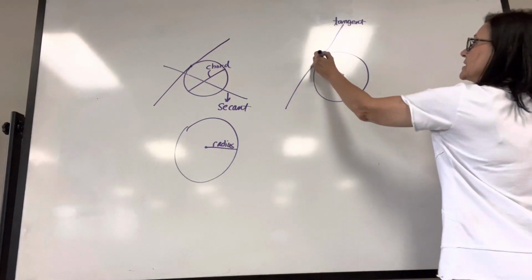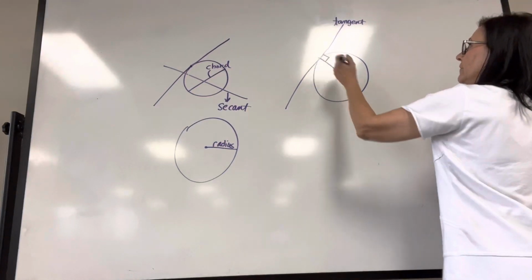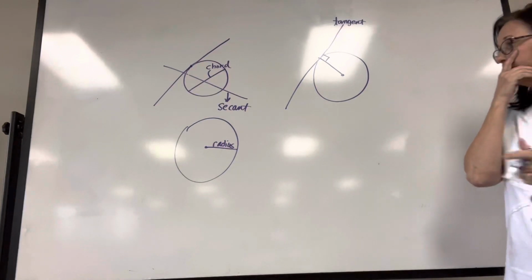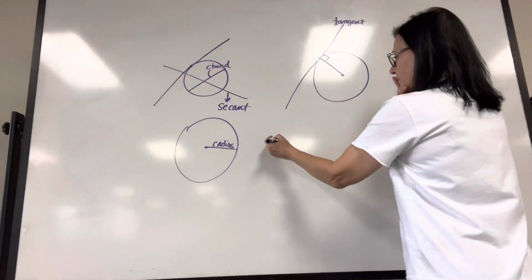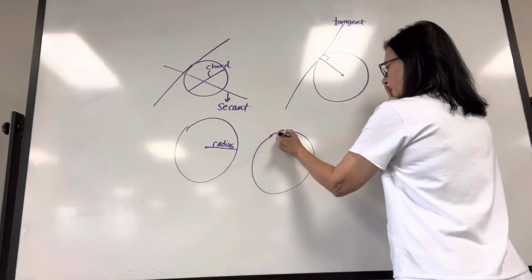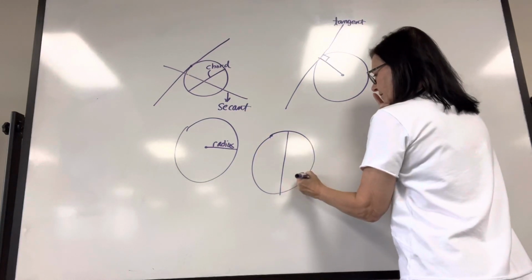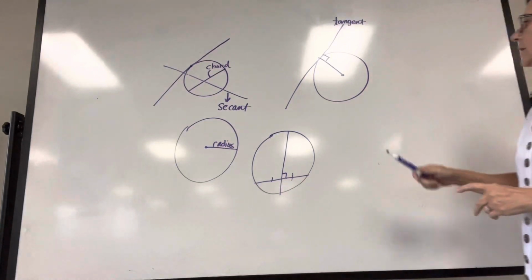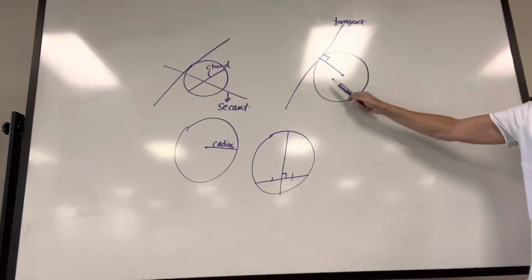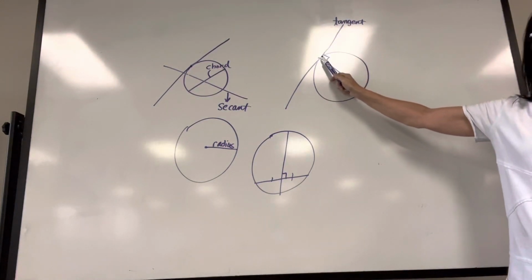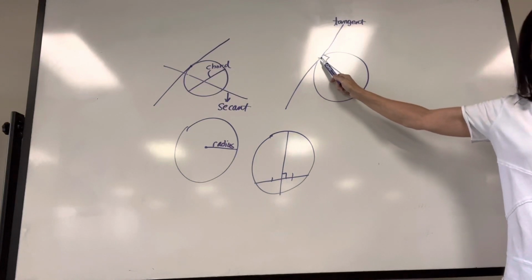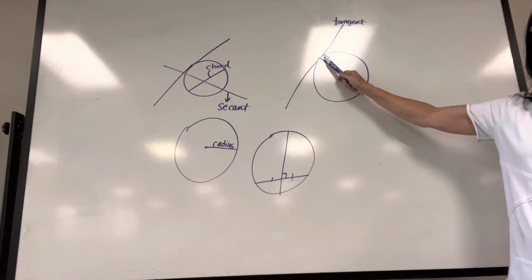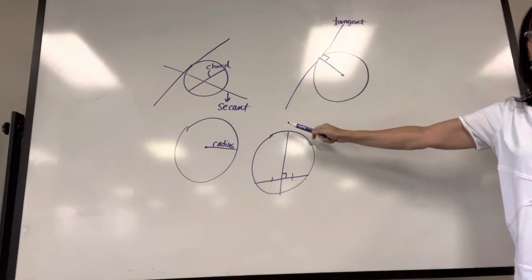The radius is perpendicular to the tangent. Just like when we had a diameter that we knew bisected a chord, we knew it was perpendicular to it. When we have a tangent line and a radius to the circle at that point of tangency, then the radius is perpendicular to the tangent line.